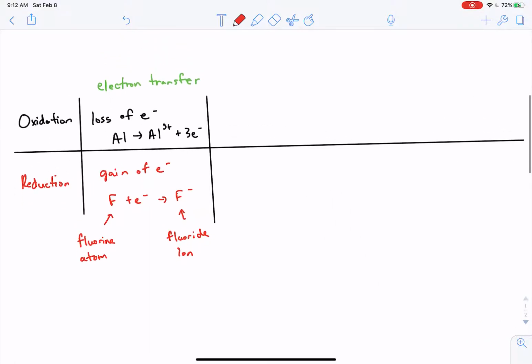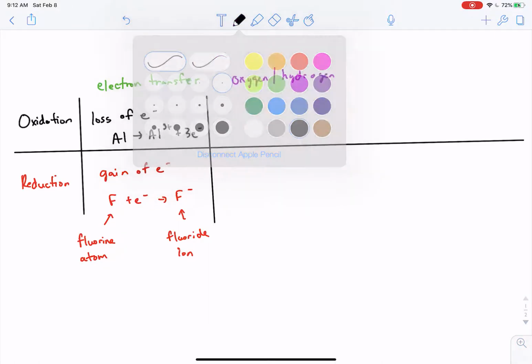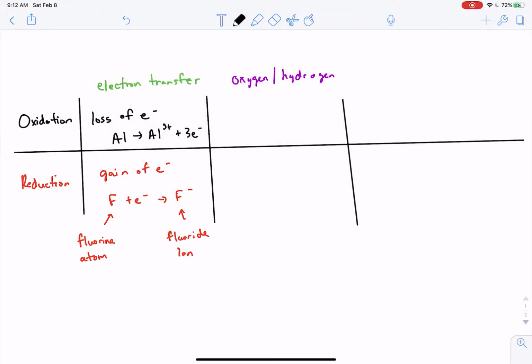The second definition, as we evolve, went into oxygen and hydrogen change. And so here we say gain oxygen or lose hydrogen.